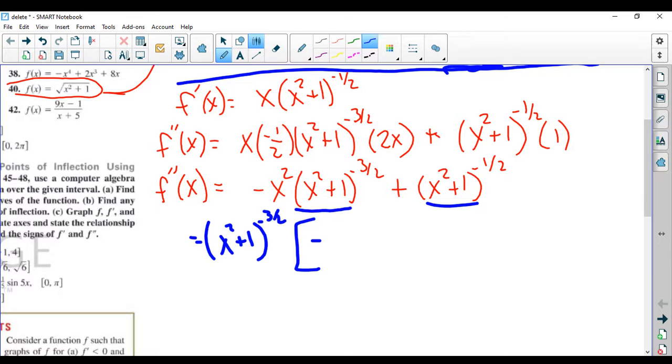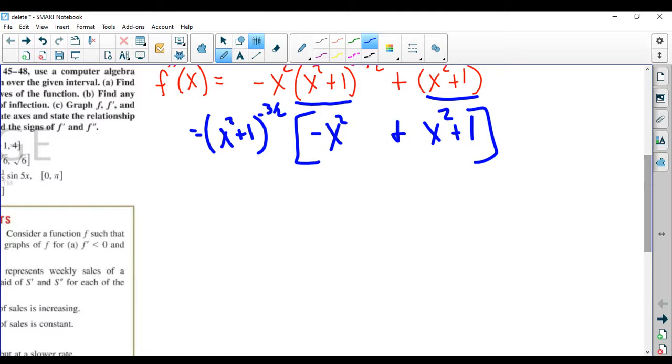So here we're left with negative x squared. Here we're left with negative 1/2 plus 3/2 is 2/2, which is 1. So we're just left with x squared plus 1. Then we're going to clean up this remaining factor.